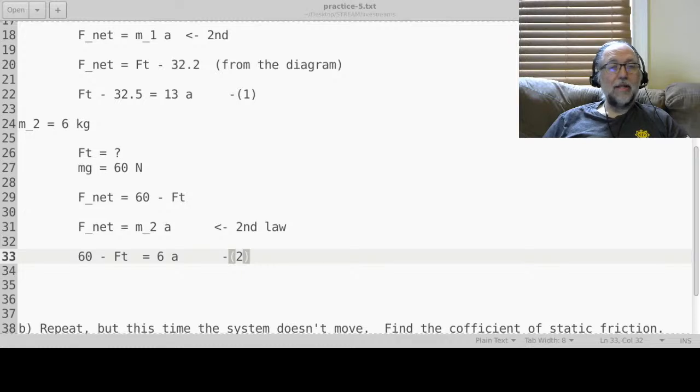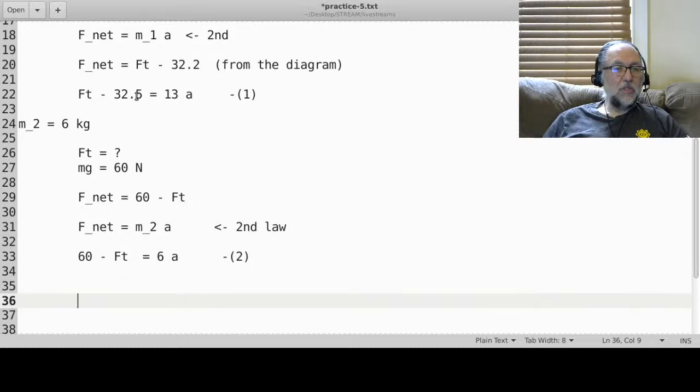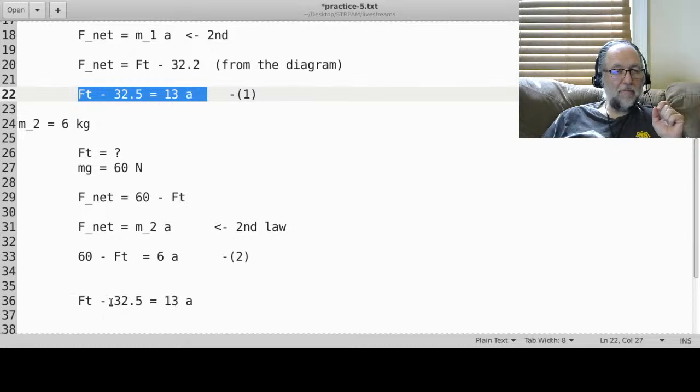So now what? At this point, the diagram isn't going to help anymore. It's just math. Equations 1 and 2 are two equations and two unknowns, so you just substitute one into the other. Luckily, it always turns out pretty easy. You can put the two equations one on top of the other.